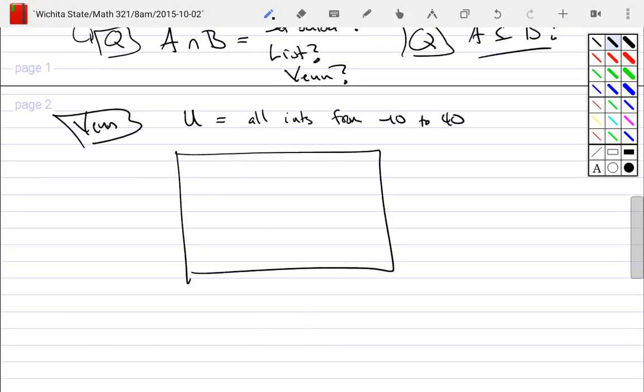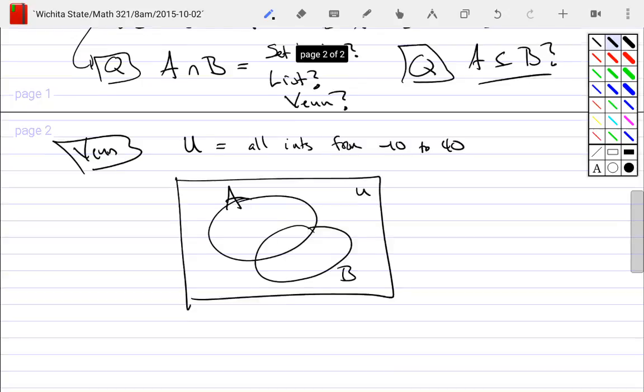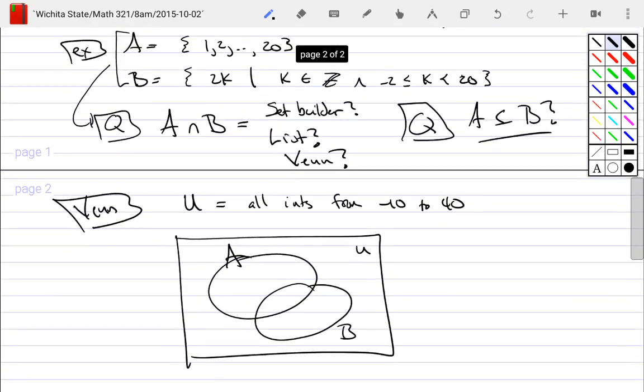So you would do things like, okay, here's my A, here's my B, here's my U. What are things that are in A? This is a little bit much. I went 1 to 20, so you'd have A, you'd have 1, 2. Okay, what are the things in B? If you look at that set builder notation, what are the things in B? The evens from -4 to 40.